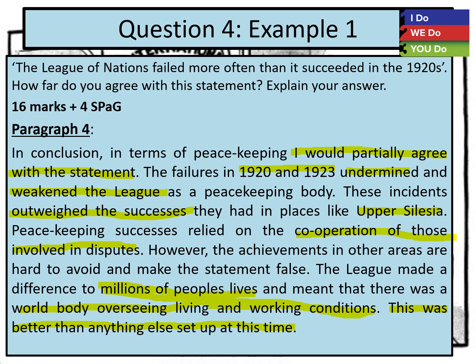I do think that in terms of peacekeeping, their failures outweighed their successes. But actually, when we're talking about the League of Nations, we're not just talking about it as a peacekeeping body. And therefore, my conclusion is that those other works it undertook in the 1920s, those successes were more important than all of those other failings.